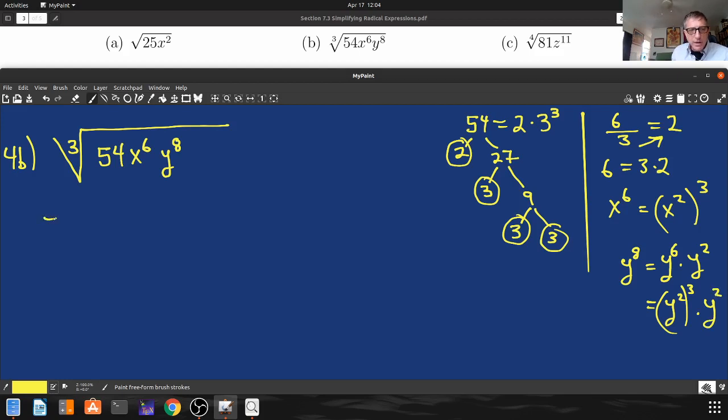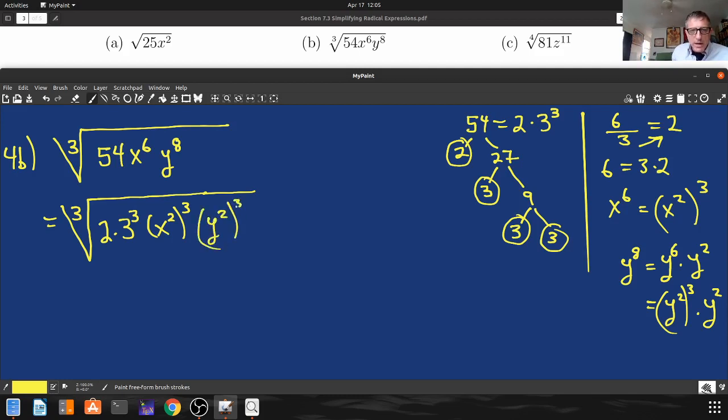So that's how I'm going to transform 54. It is going to be written as 2 times 3 cubed. x to the 6th is going to be written as x squared to the 3rd power. And y to the 8th is going to be written as y squared to the 3rd power times y squared.